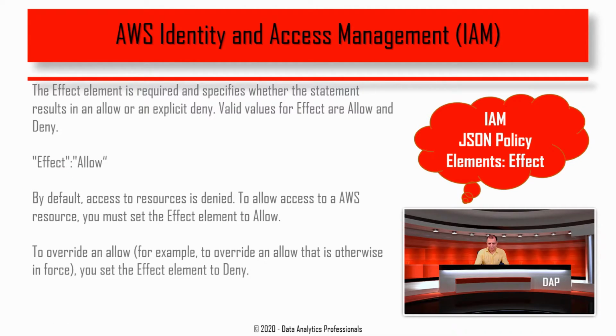By default, access to resources is denied. I have already said it, and this is a repetition, but it is very important to understand. To allow access to an AWS resource, you must set the effect element to allow. To override an allow that is otherwise in force, you set the effect element to deny.